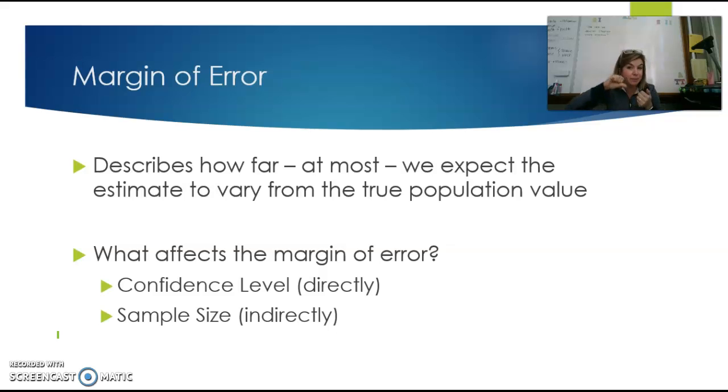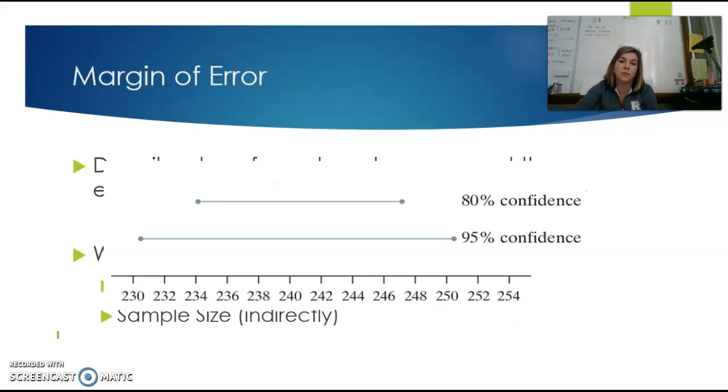So if we ask fewer people, our margin of error goes up. And surprise, you might be thinking, Mrs. Bogus, didn't you just talk about increasing sample size and decreasing variability? Yes, I did. We can see here on your screen that there is an interval for an 80% confidence interval and then a 95% confidence interval. So the wider the interval, the more confidence we have. Duh.